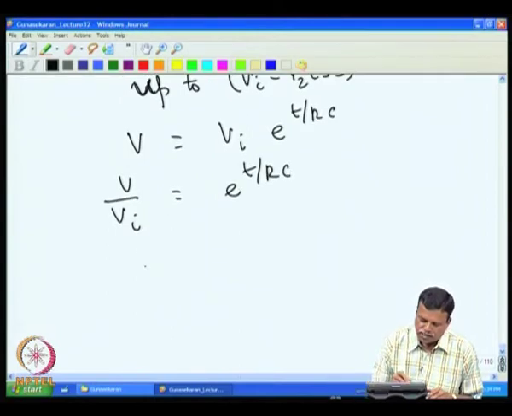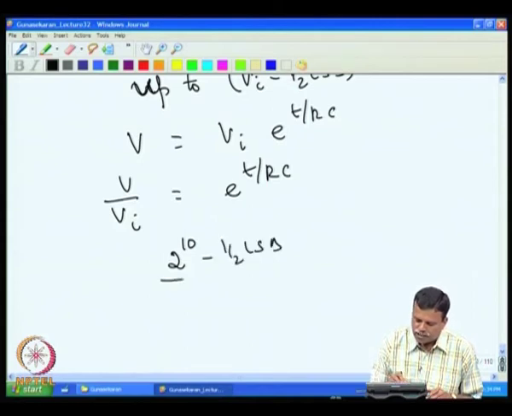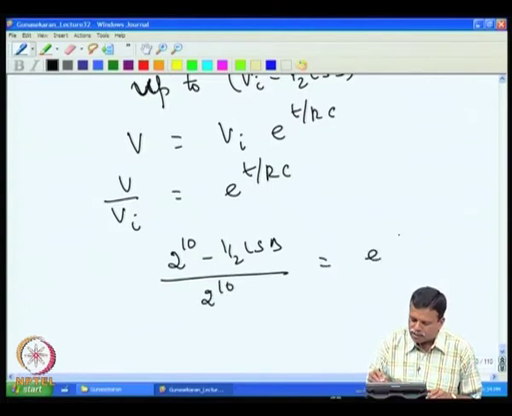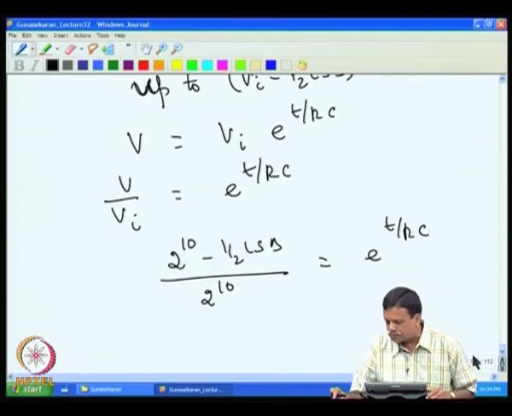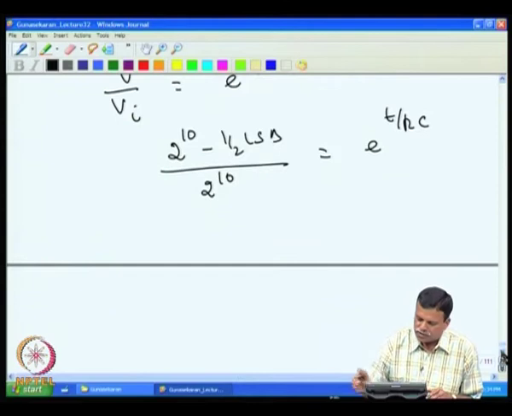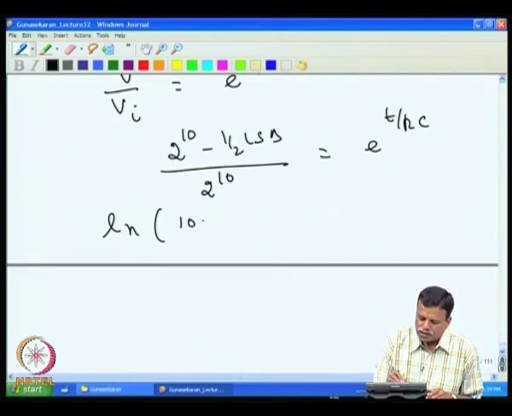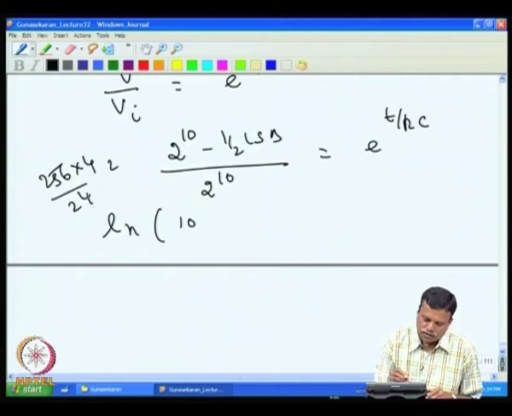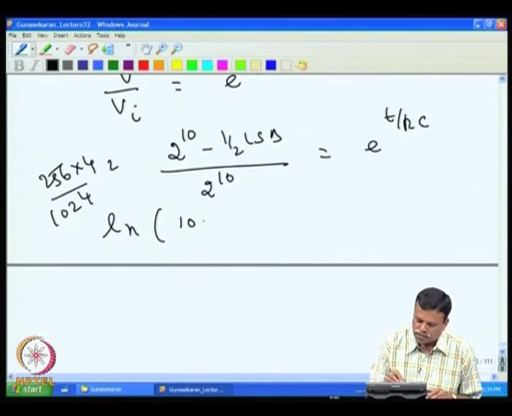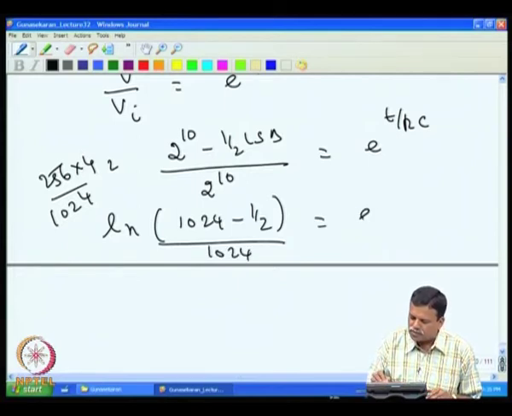V by VI has to reach up to half LSB; if it is a 10-bit converter, 2 power 10, that is 1024 levels, minus half divided by 1024, that comes as e power t by RC. If I take log on both sides, you get this.